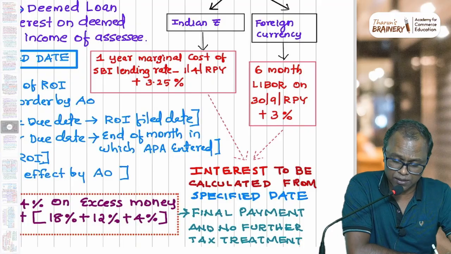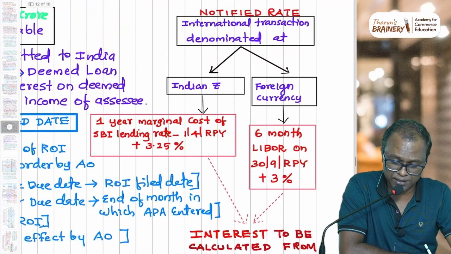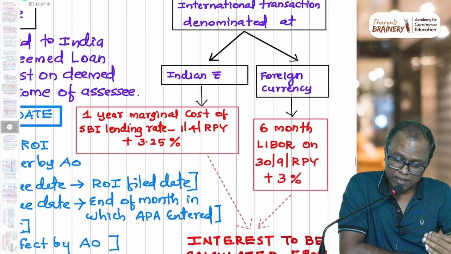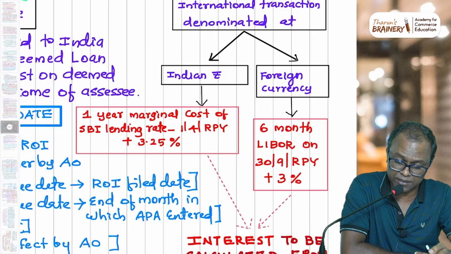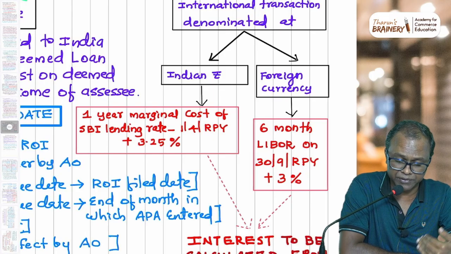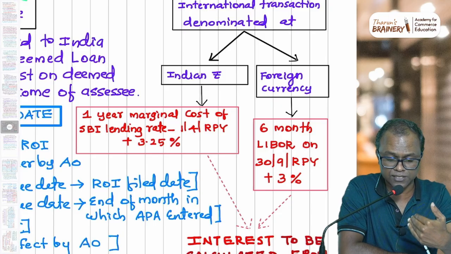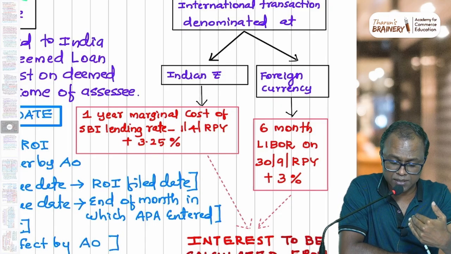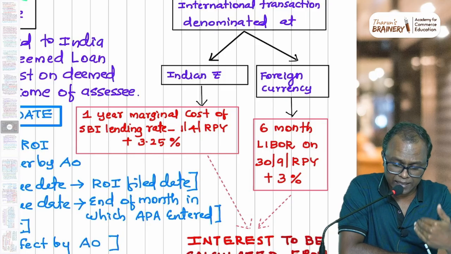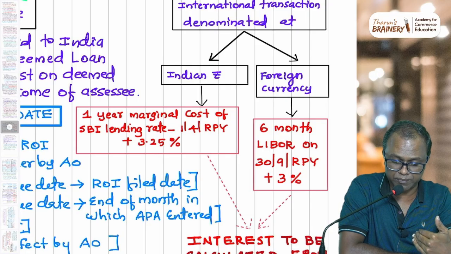And how will the interest be calculated? They are saying it depends on whether the international transaction is denominated in Indian rupees or in foreign currency. If it is denominated in Indian rupees, then for the relevant previous year, for which year you are calculating the interest, what is the SBI marginal cost of funds lending rate? That plus 3.25% should be applied.